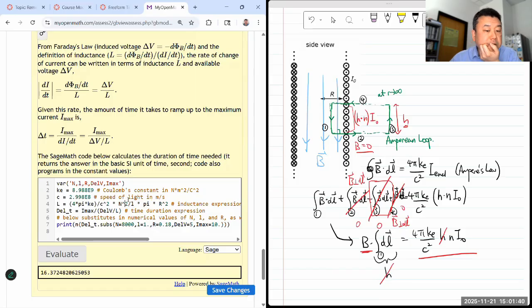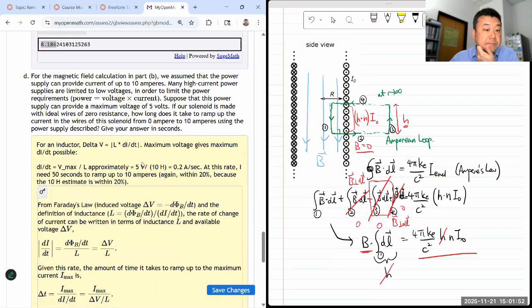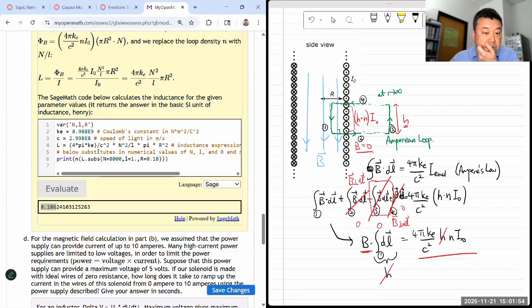Oh no, that's fine, because I had the n from the factor of B. Pi r squared. I'll just check the code here.